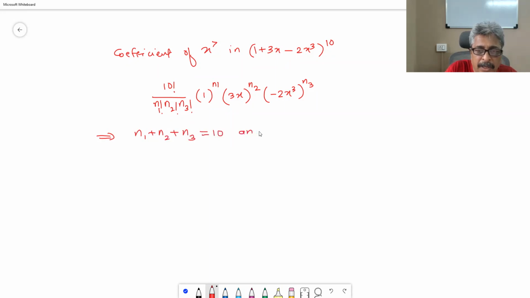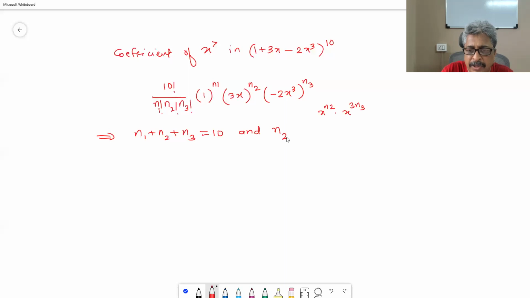Now you can see here x raised to n2, that means this is x raised to n2 and this will be x cube raised to n3, that means x raised to 3n3, and they add up to 7.